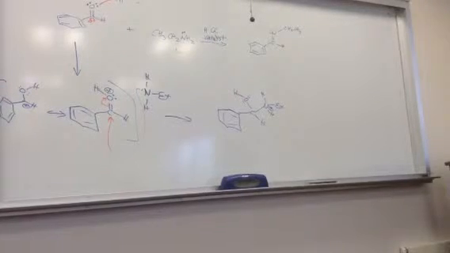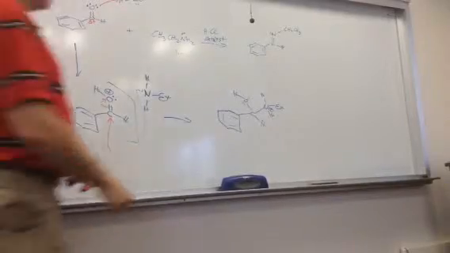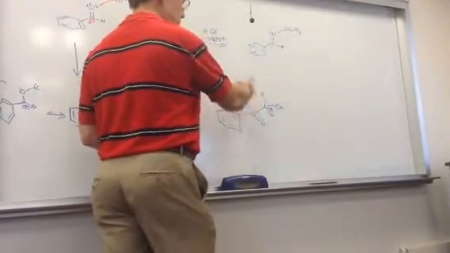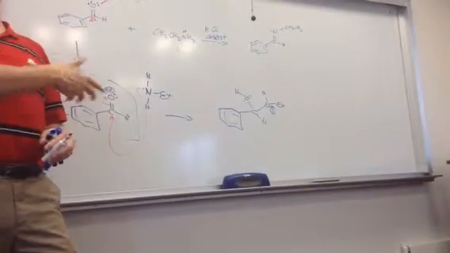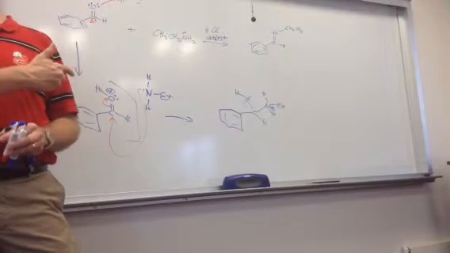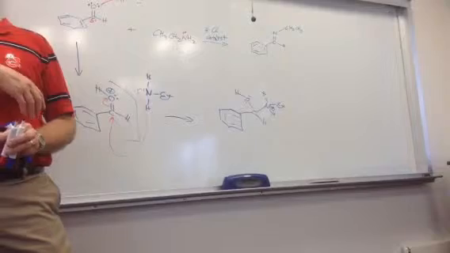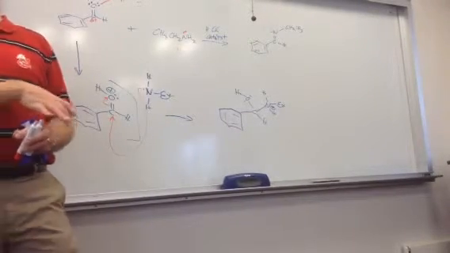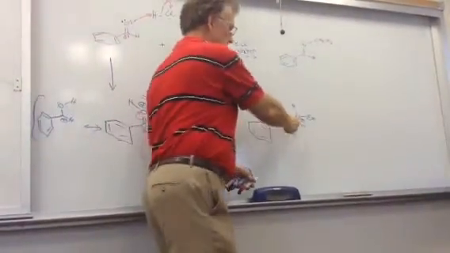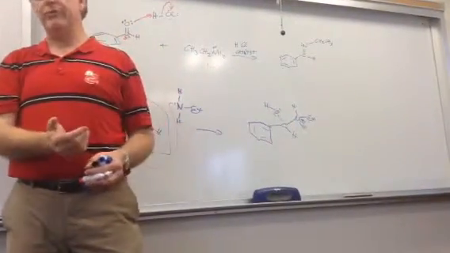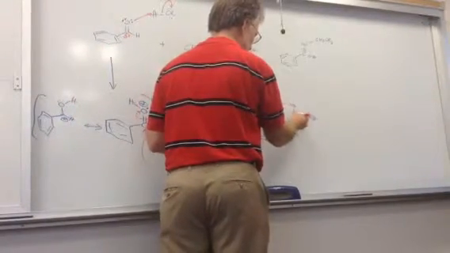Okay, what's next? The oxygen pulls a proton from the nitrogen. So is this going to be a good leaving group, just to fall off by itself? Now when it falls off, it will be hydroxide, which is a strong base. Strong bases are bad leaving groups. It would be better to put a proton on it. We could take a proton from HCl if we wanted, but we've also got a proton right next door on the nitrogen. So a much easier way is just to steal hydrogen from nitrogen.